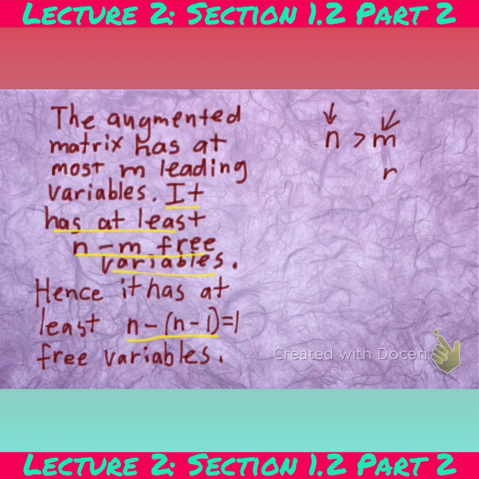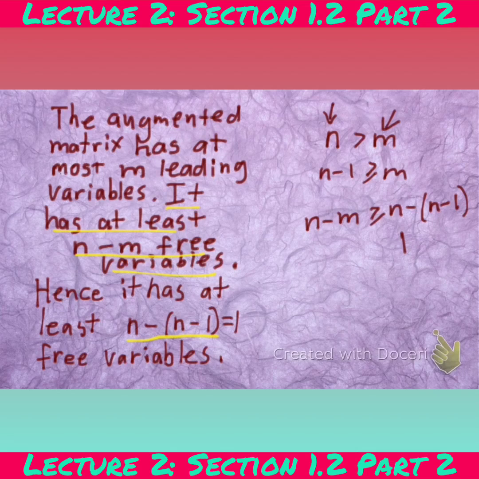The biggest that m can become is therefore n minus 1. So if it has n minus m free variables, the smallest that n minus m can become is when m takes its largest possible value, n minus 1, so that becomes 1.